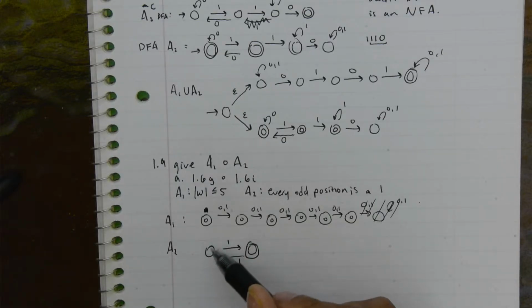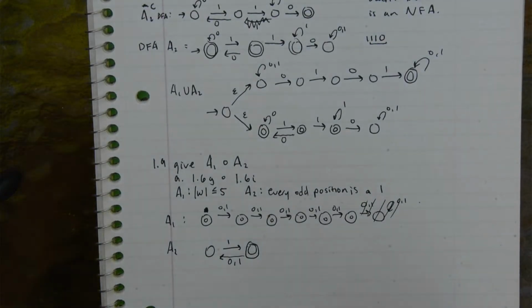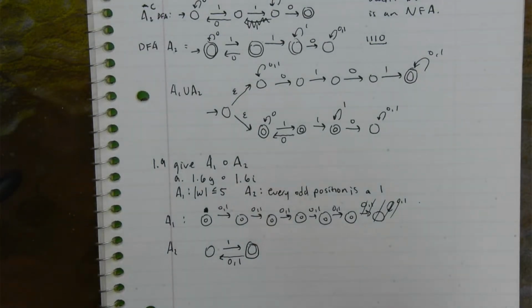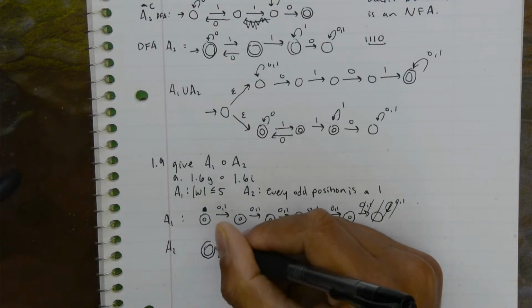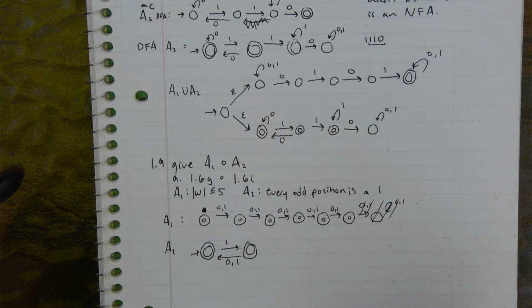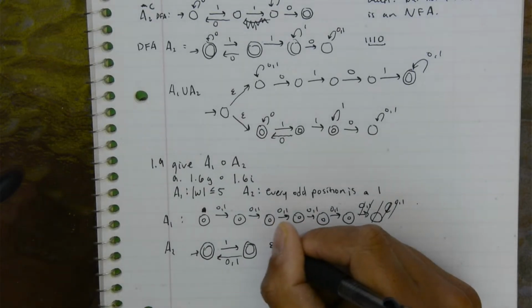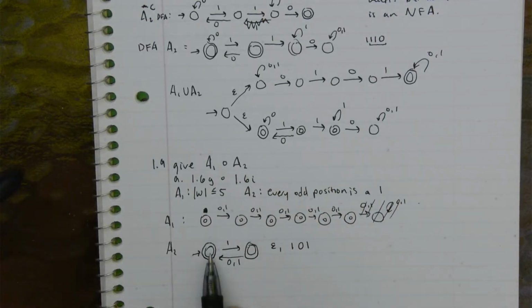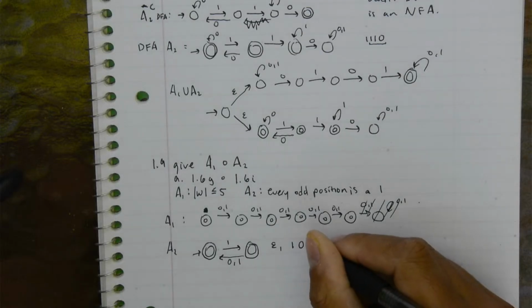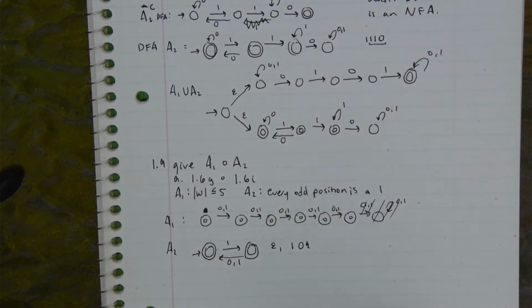If you get a 0 right now, though, then you die. Oh, but I think that this is also an accept state for the NFA. All right, so let's try that. Let's do 1, 0, 1. First off, the epsilon string, since there's nothing in there that accepts, then you do 1, 0, 1. But let's do just 1, 0. I mean, this is true because every odd position is a 1. So that's good.